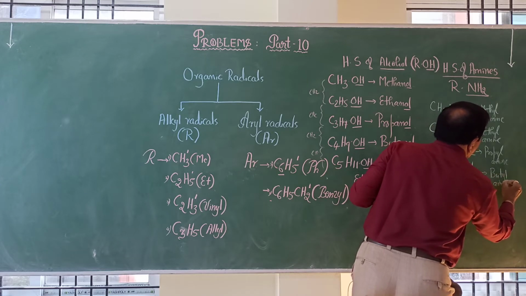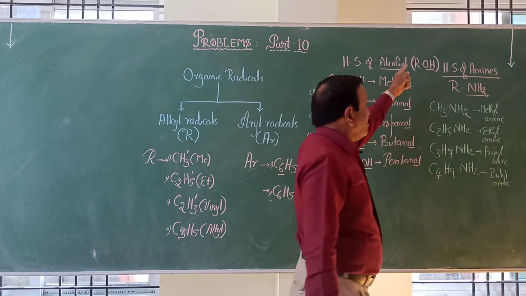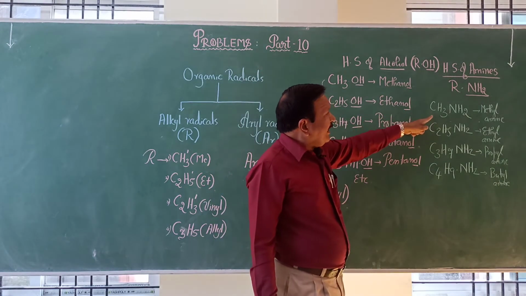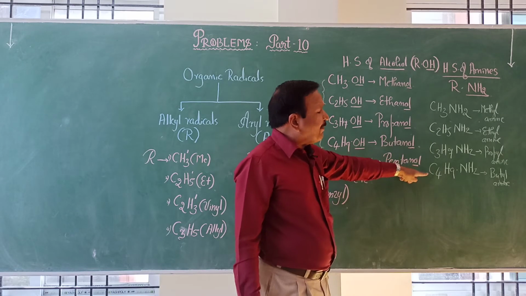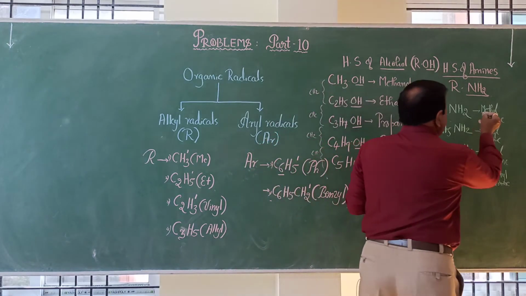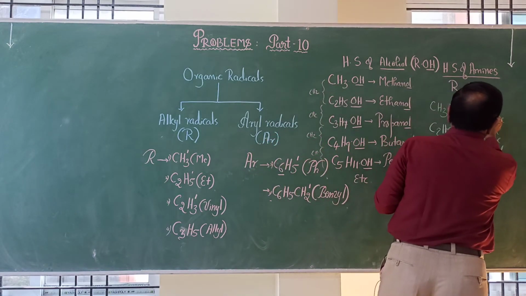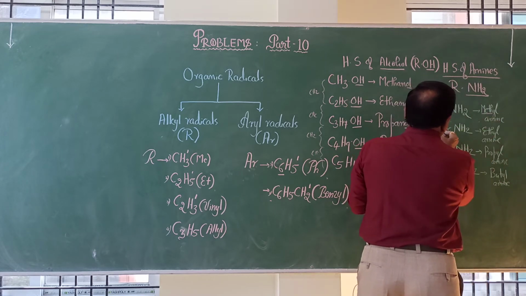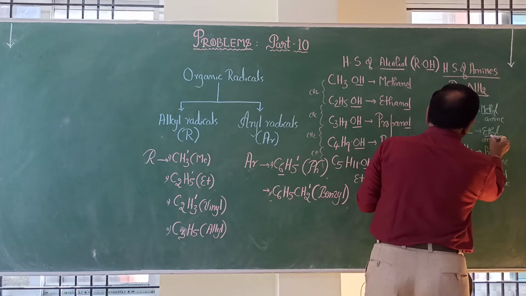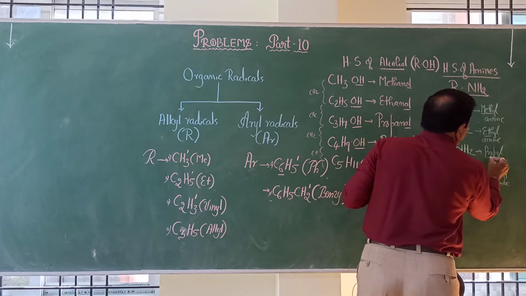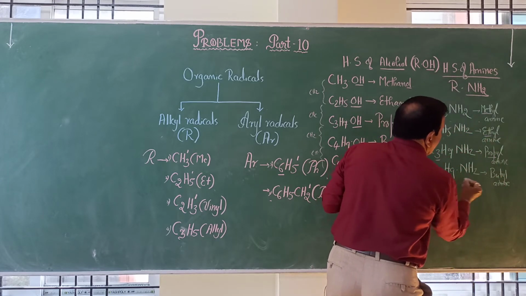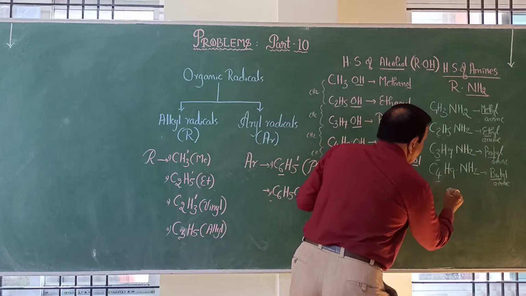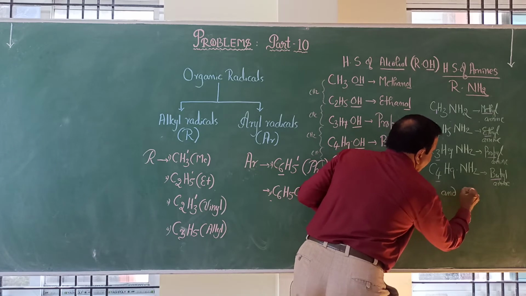I will come to this when we talk about IUPAC naming. Carbon 1 stands for meth, carbon 2 stands for eth, carbon 3 stands for prop, carbon 4 stands for but. So this we can continue and so on.